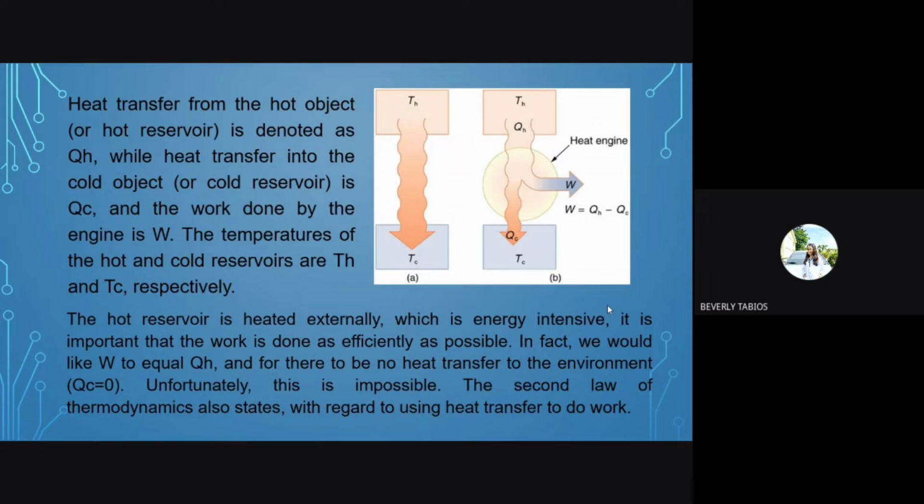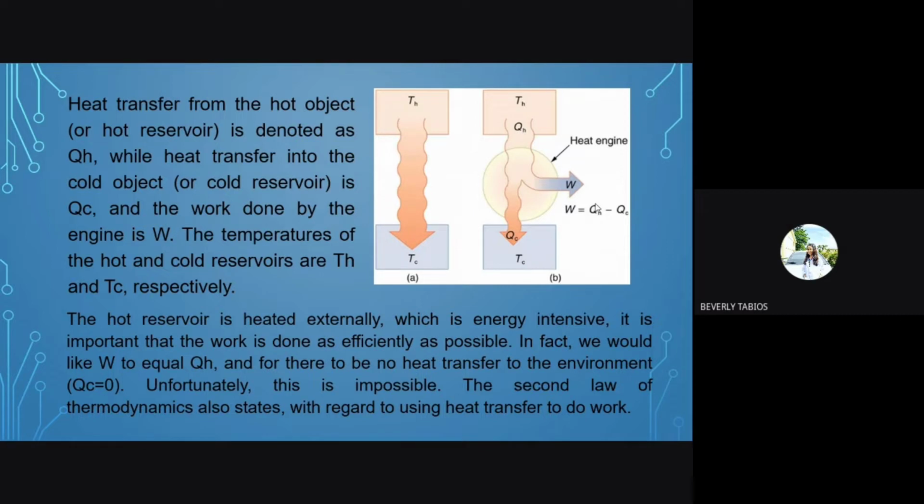So we could already see this in our image, and the work done by the engine is W. The temperatures of the hot and cold reservoirs are TH and TC respectively. The hot reservoir is heated externally, which is energy intensive.